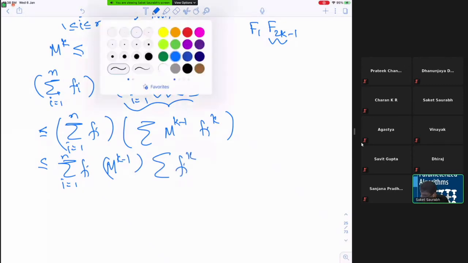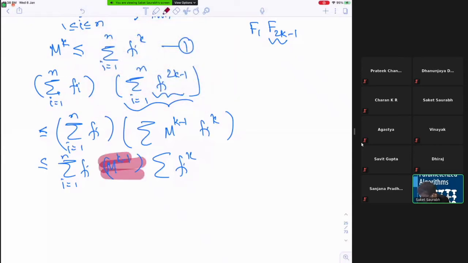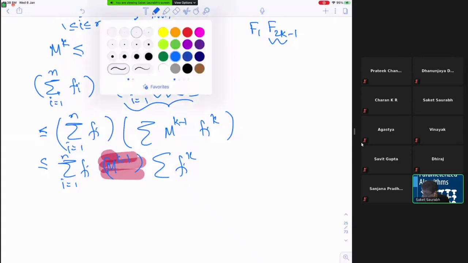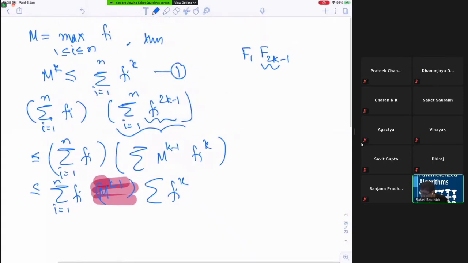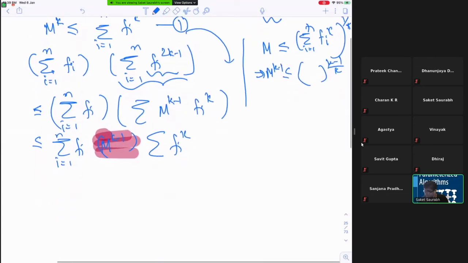Now I would like to substitute this term. From here, what can I say? I can say that M is upper bounded by summation i equal to 1 to n of f_i to the power k, all to the power 1 over k, which implies M to the power k minus 1 is upper bounded by this quantity to the power (k minus 1) divided by k. So I'm going to substitute that here.